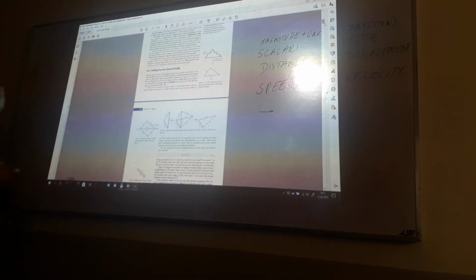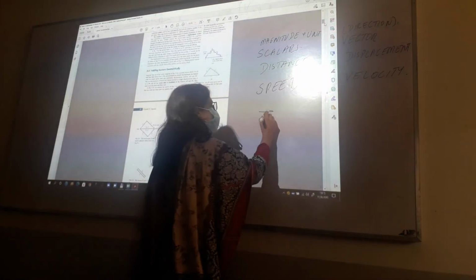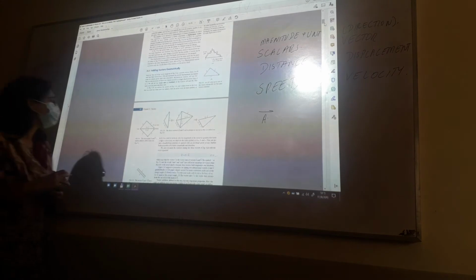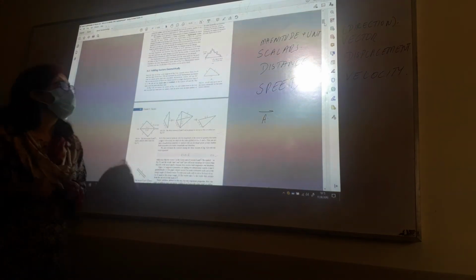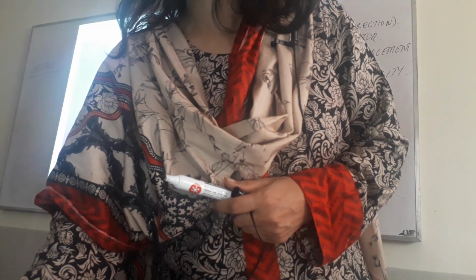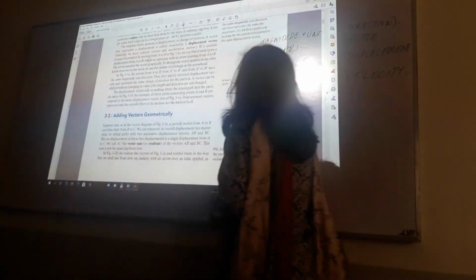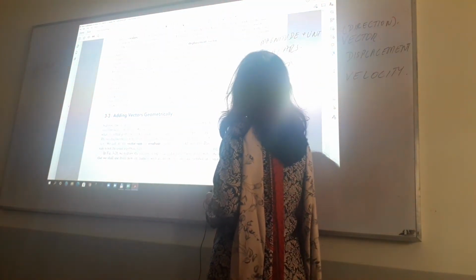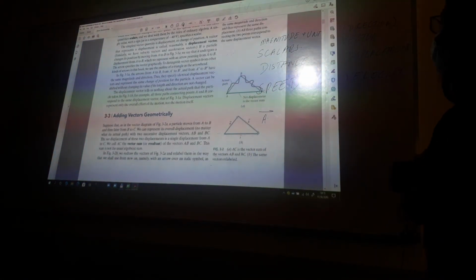For example, if you have a vector A you will represent it with the arrow. If I maximize this you will see this is a vector AB and this is the vector sum.